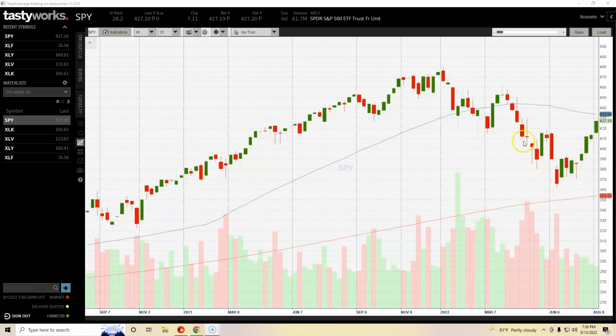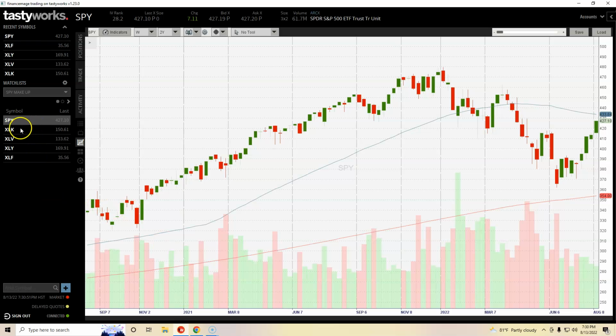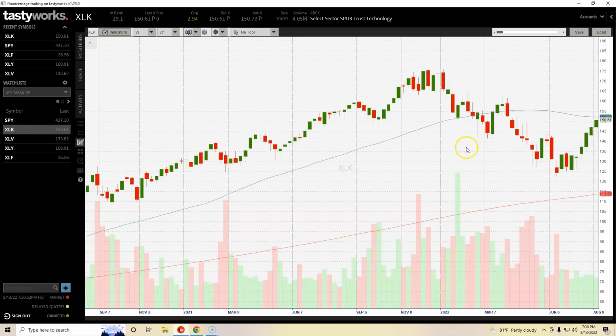Let's take a look. First, we'll look at the XLK technology ETF, since the technology ETF or technology sector is making up almost 28% of the S&P 500. Similar, right?